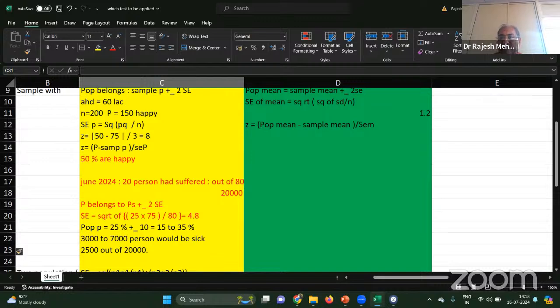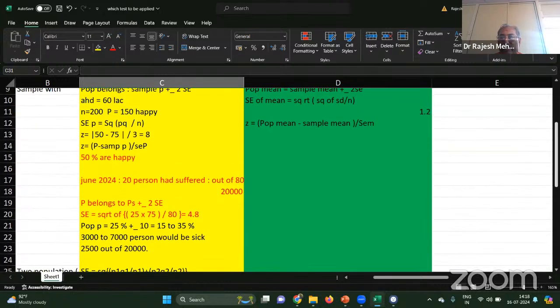Meenakshi? Anyone? You need to say something. It would not be the same for flat people. So are the flat people suffering more or same? Is there a significant difference or not?